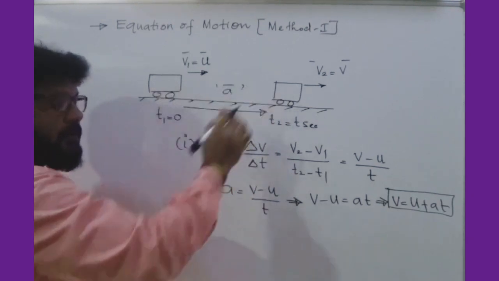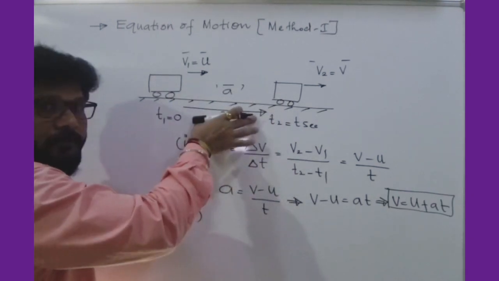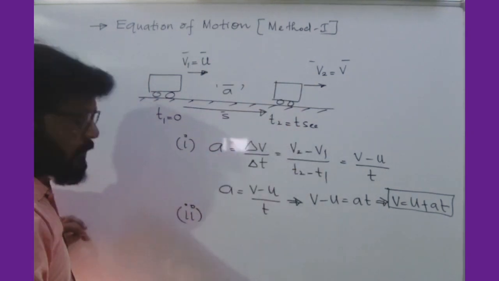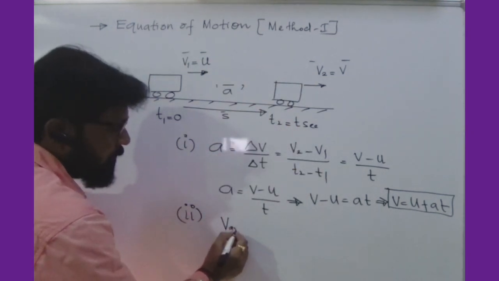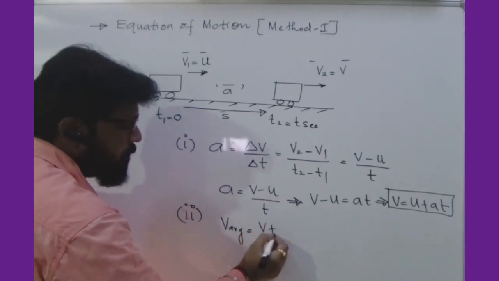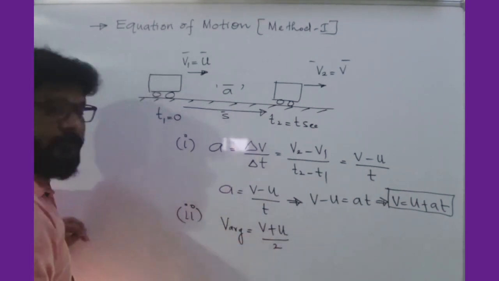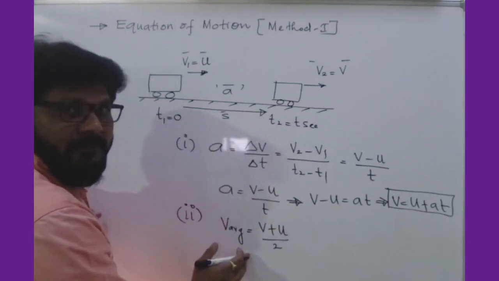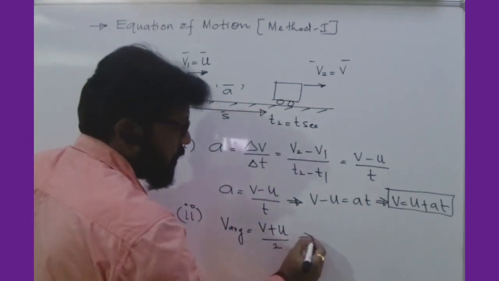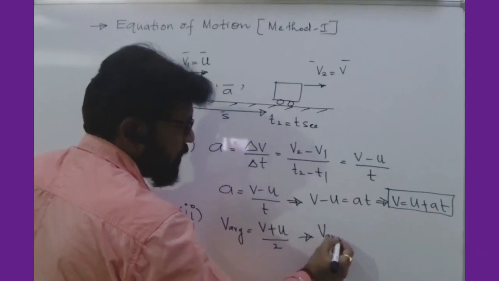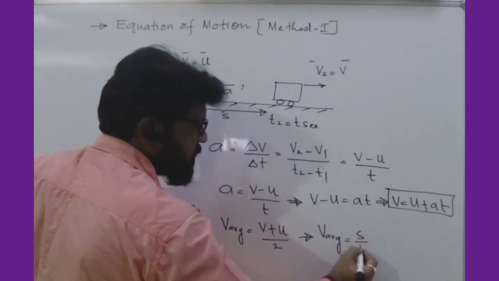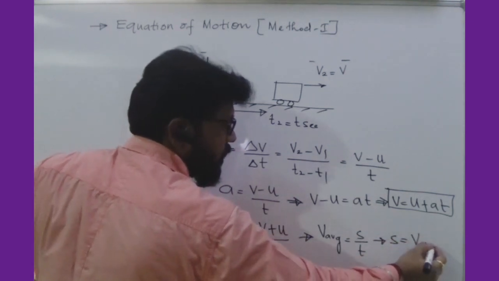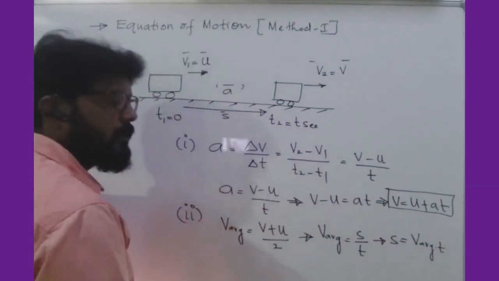The average velocity between the initial and final velocity in a particular time interval t can be written as v plus u by 2. But what is the displacement during this time? Average velocity is equal to displacement by time, or displacement is equal to average velocity into time.